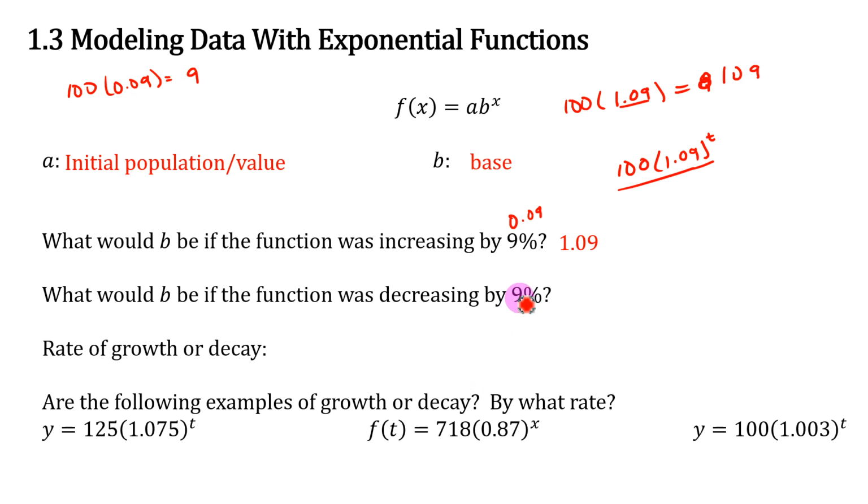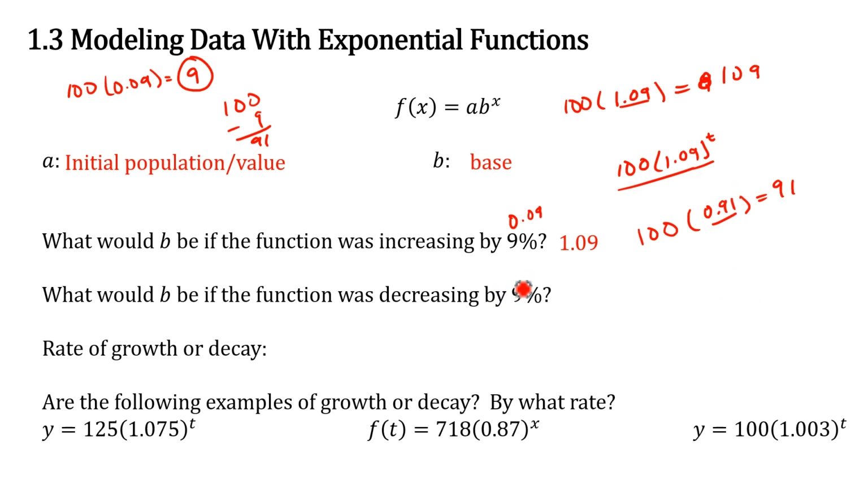Now to decrease by 9%, well, I want to subtract this 9. I'd be at $91. So now I need to do 100 times something equals $91. Well, that would be 91%.